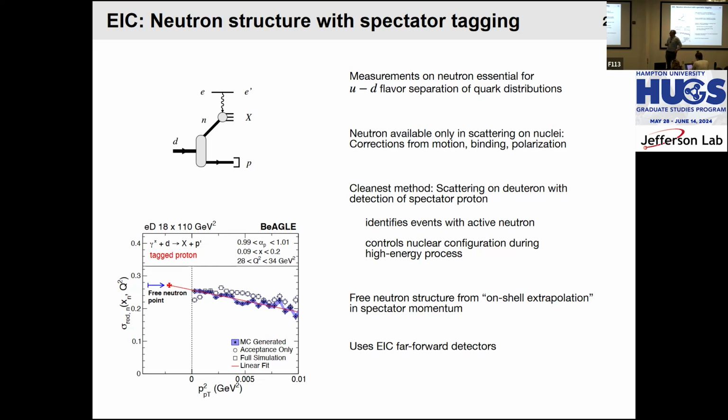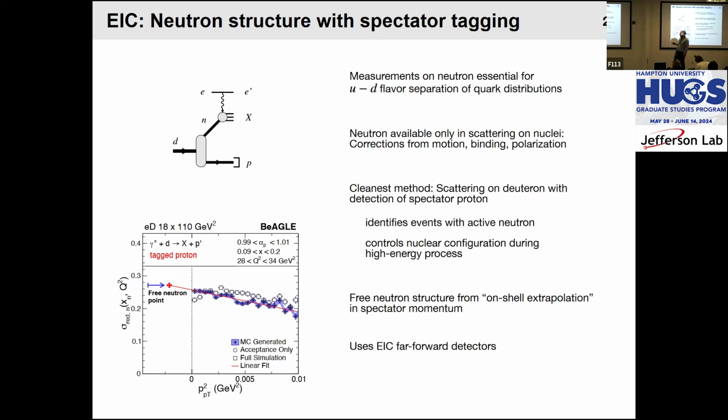Now, the cleanest method we have for realizing scattering on the neutron is actually to scatter on a deuteron and detect the spectator proton. This is also known as spectator tagging. This detection of the spectator proton does two things for us. First, it identifies events with an active neutron where the electromagnetic scattering happened on the neutron.